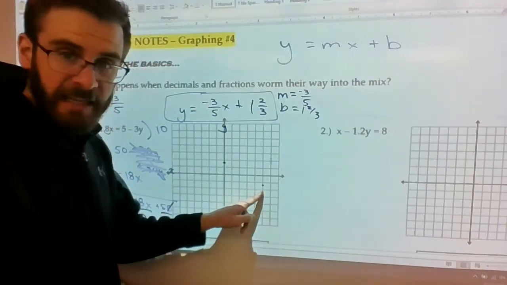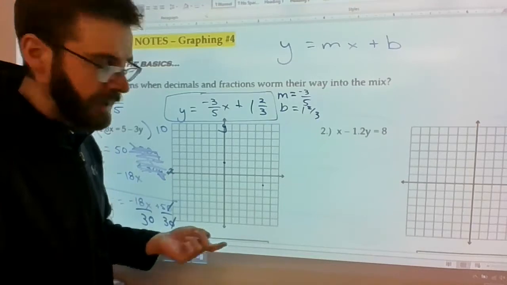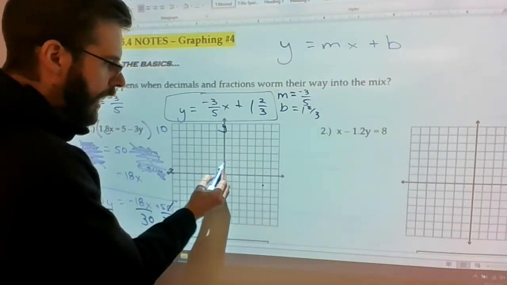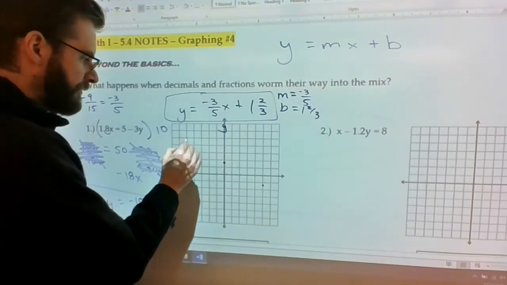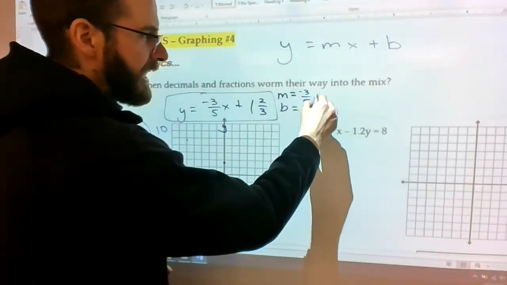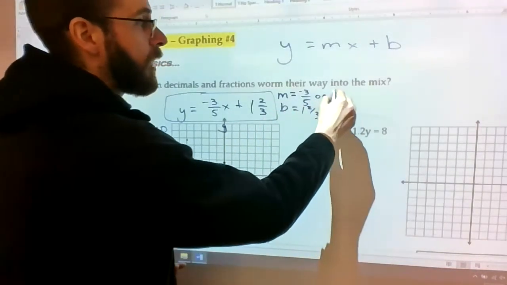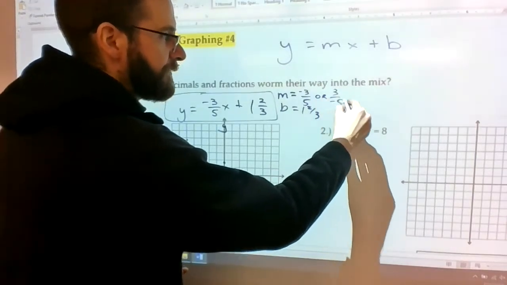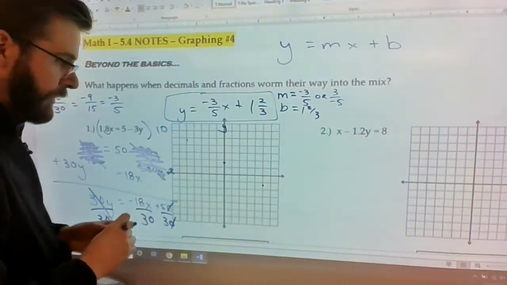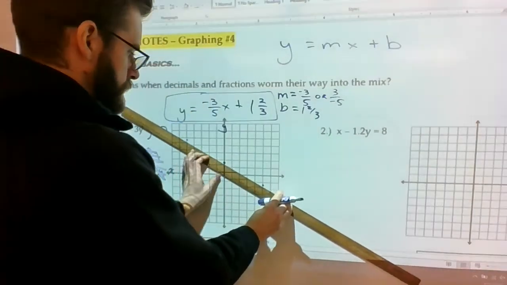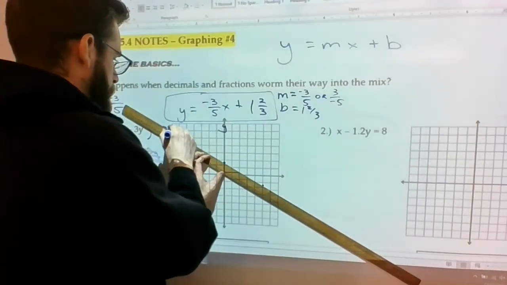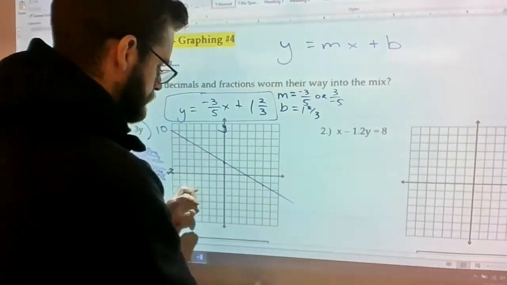Okay, so still in between the two blocks. Then also you could go up 1, 2, 3, and left 1, 2, 3, 4, 5. Remember, m could be negative 3 over 5 or positive 3 over negative 5. You've got two options there. You graph it, and you're done.